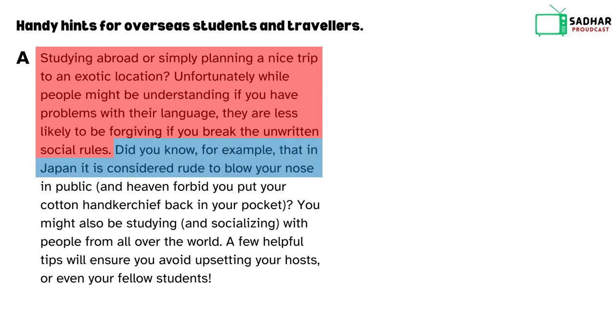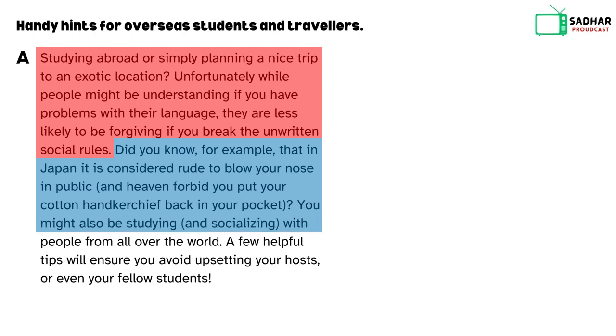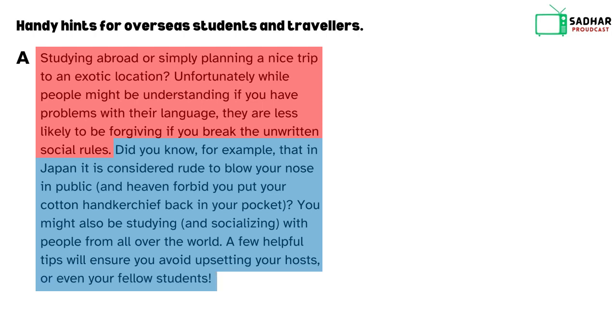Did you know, for example, that in Japan, it is considered rude to blow your nose in public, and heaven forbid you put your cotton handkerchief back in your pocket? You might also be studying and socializing with people from all over the world. A few helpful tips will ensure you avoid upsetting your hosts or even your fellow students.